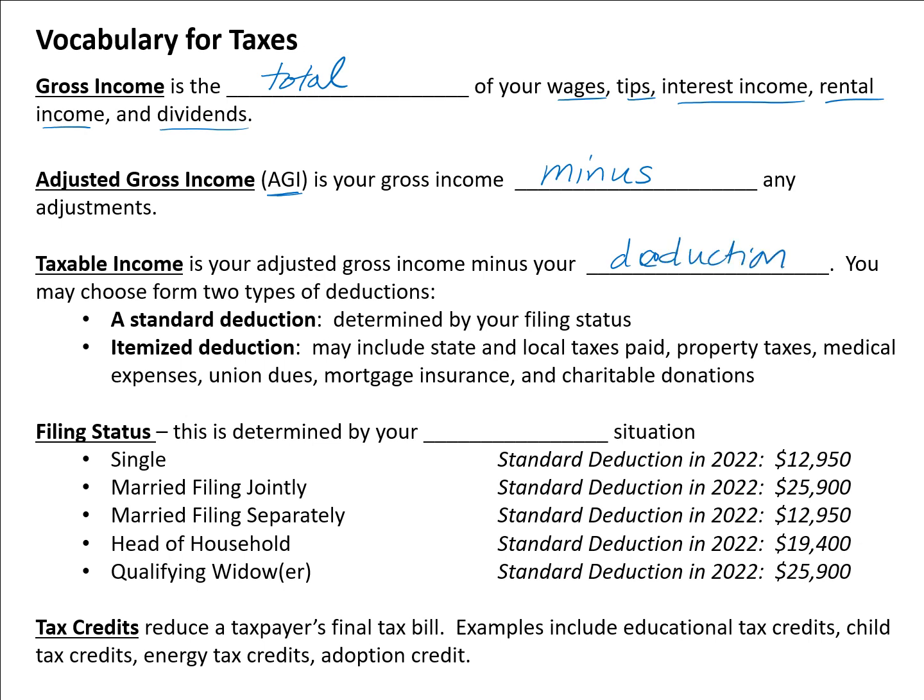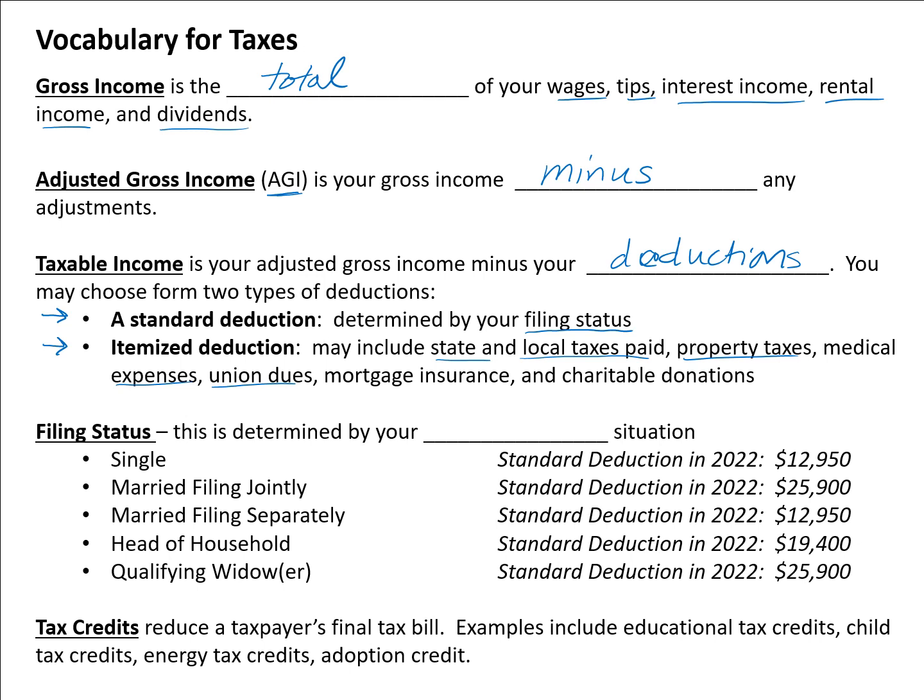Now, there are 2 ways you can do deductions. There's a standard deduction for each filing status, and then there's an itemized deduction that you can take where you actually work out how much you've paid in state and local taxes, for instance, property taxes, medical expenses, union dues, mortgage insurance, charitable donations. There's a lot of different things you can take deductions on. And you can itemize those.